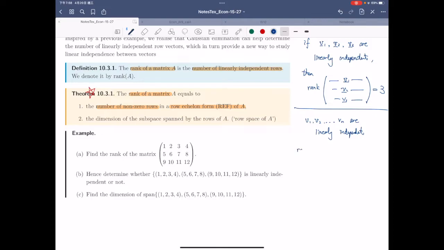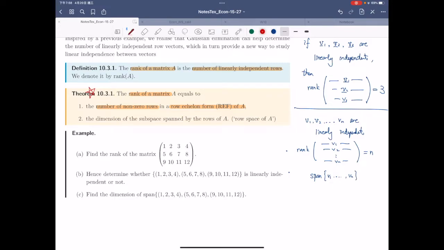Just now we know that the rank of the matrix is n. On the other hand, from what we learned last week, when they're linearly independent, what's the dimension of the subspace spanned by these n vectors?